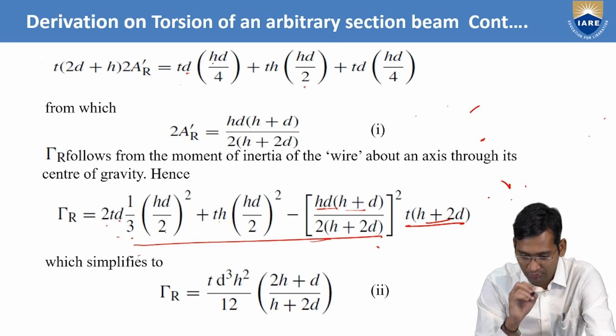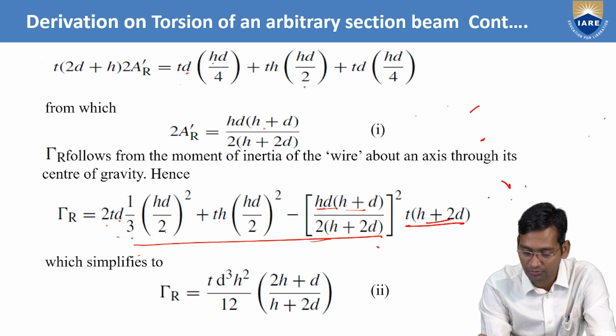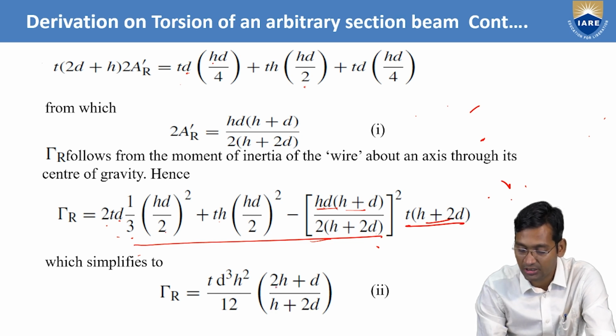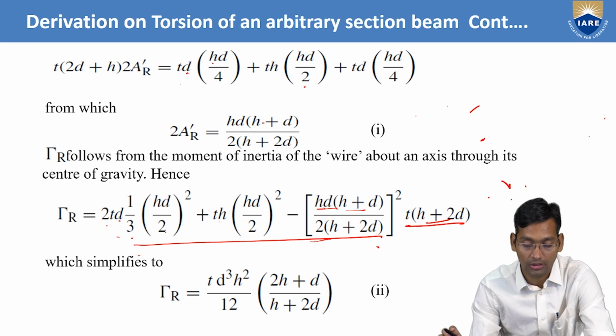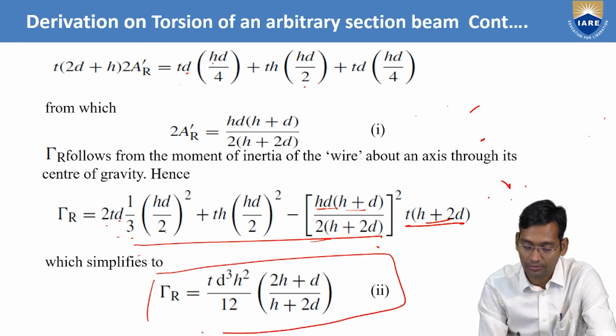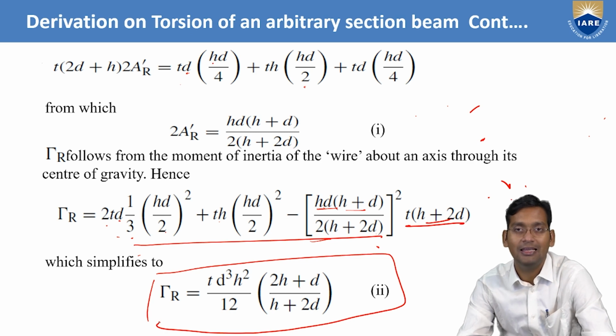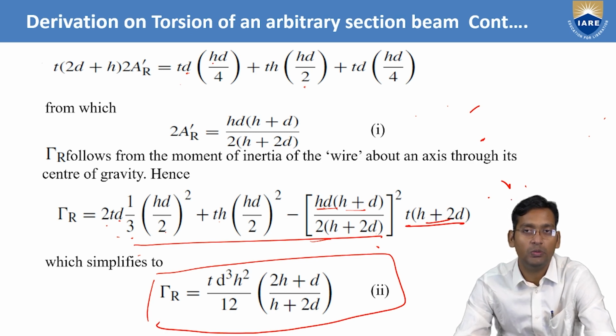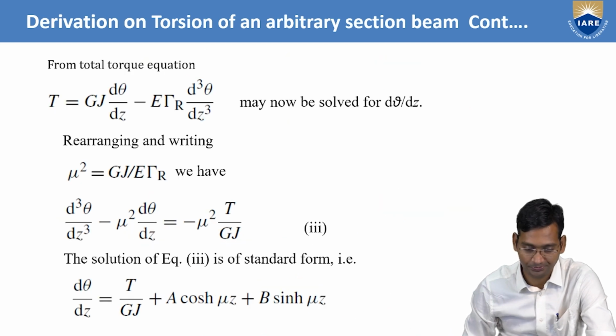So just see here what we are getting common. If you see this, we are getting h plus 2d, but here 2h plus d, so nothing is common here. Okay, so this is the tau r value of this one: t into d cube h square by 12 into 2h plus d by h plus 2d.